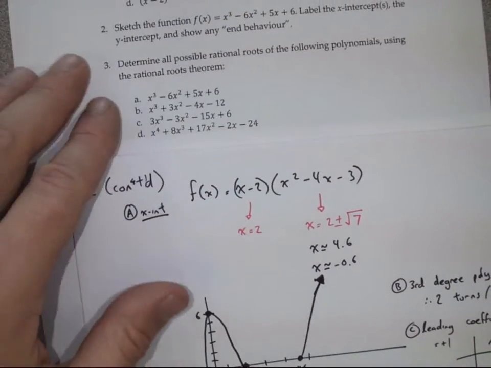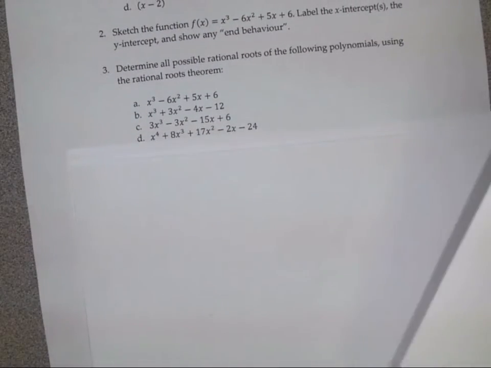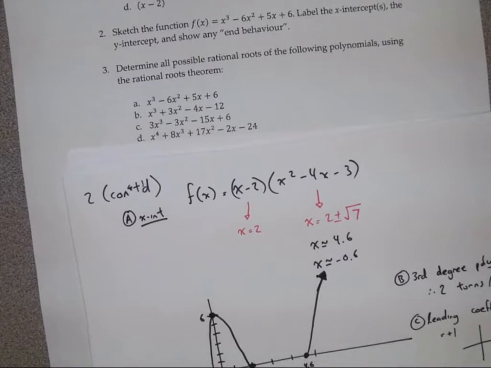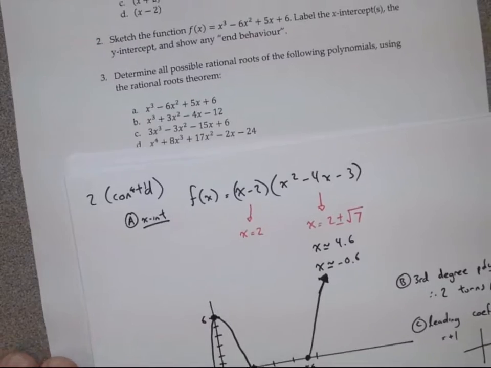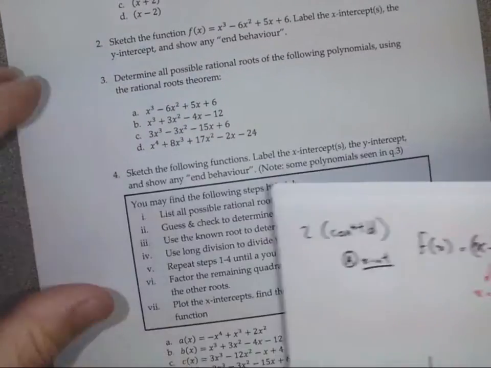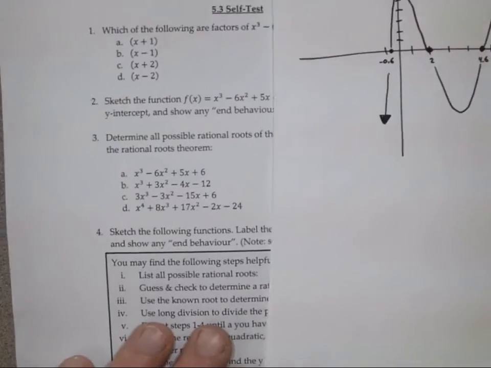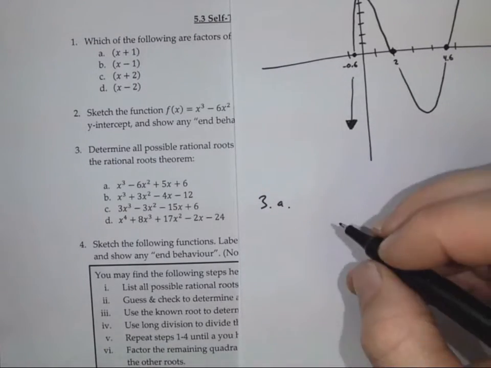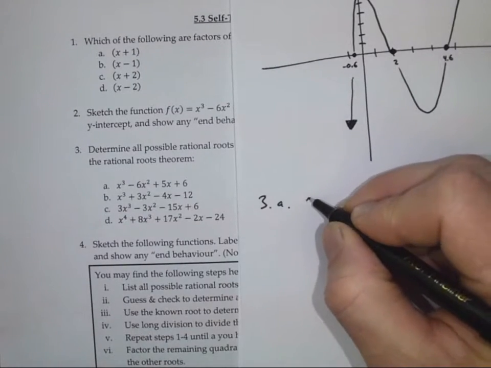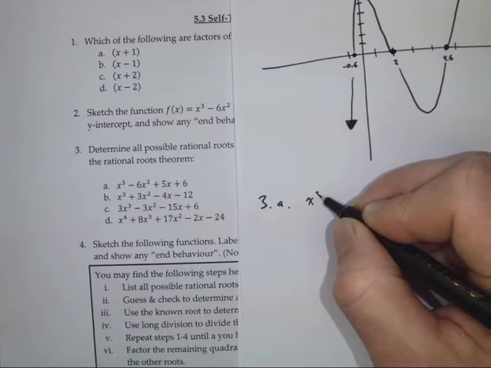Okay, so question 3 asks us to determine all the possible rational roots of the polynomials using the rational roots theorem. All right. So for question 3a, I know my leading coefficient is a 1.